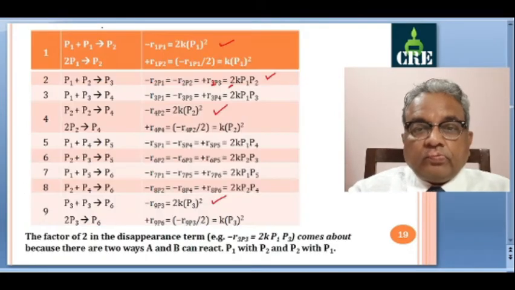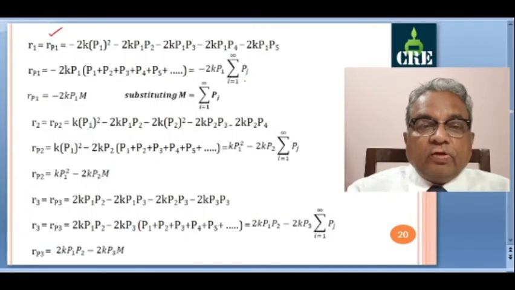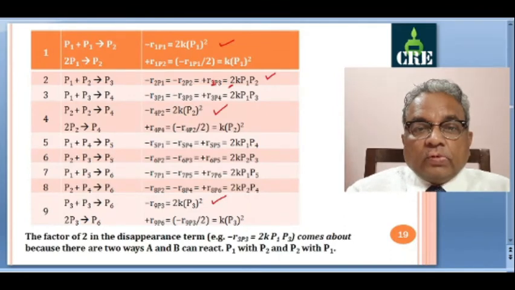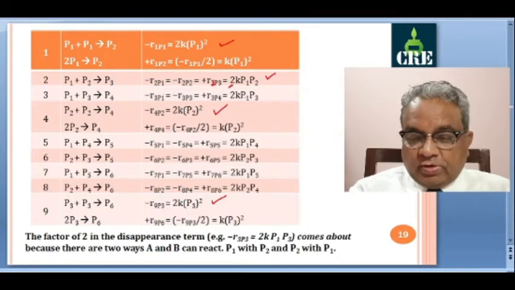Next, P1, rate of disappearance of P1 in second reaction represented as 2k P1 P2. So second term I will write again, this is formation, I am writing disappearance, so minus 2k P1 P2. Next, here it is appearing in the third reaction, minus R3P1, that is rate of disappearance of P1, that is 2k P1 P3.